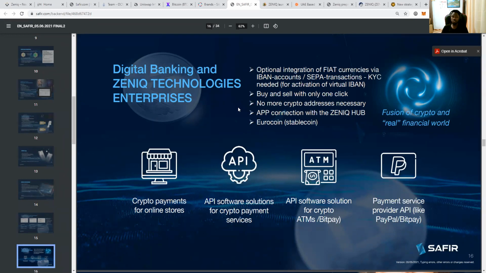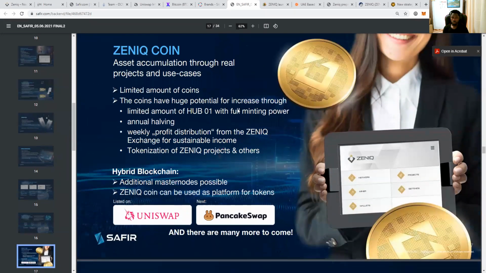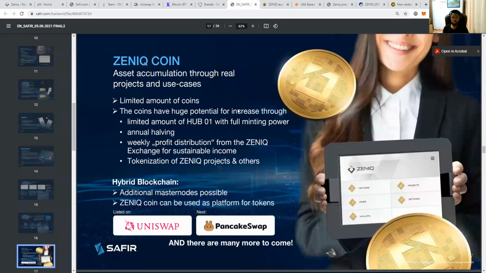For those who know Revolut, Revolut is a digital bank, and their current valuation, since the last 2 or 3 weeks or so, is about 33 billion, from 5 billion to 33 billion after their sale. So if you have digital banking, all these products, and all this affiliation, then you can give a forecast to this particular project, and that will be right on point.